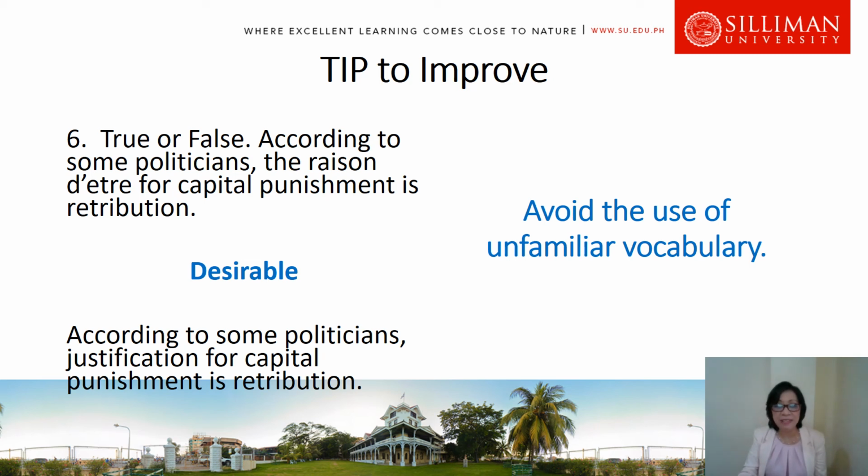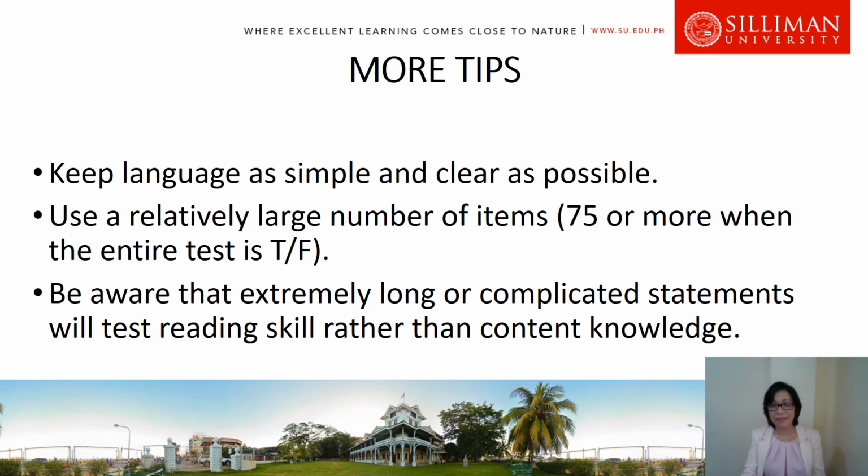Okay, moving on. Let me give you more tips then. Keep language as simple and clear as possible. Two, use a relatively large number of items. The suggested number is 75 or more when the entire test is true or false.